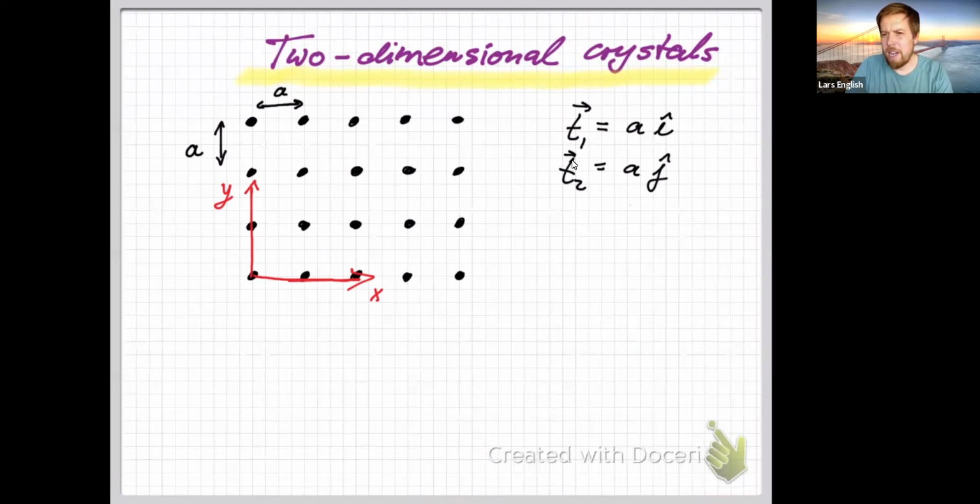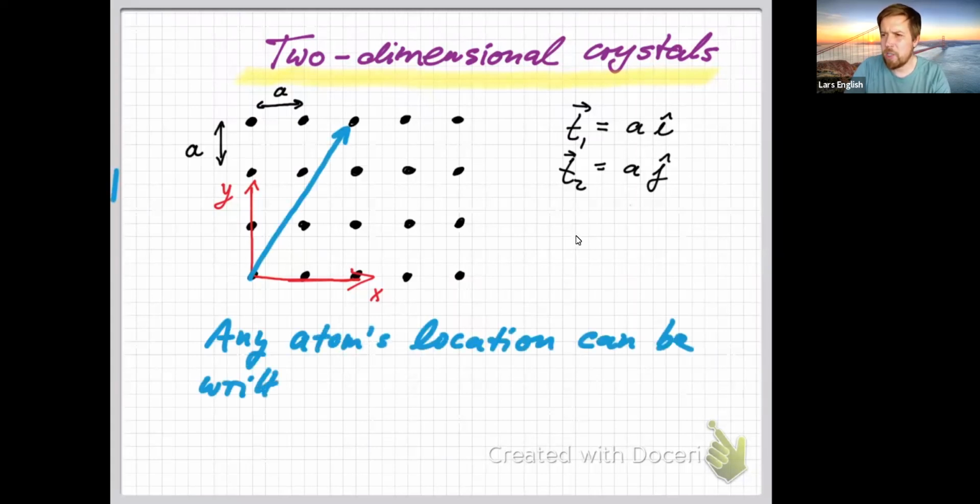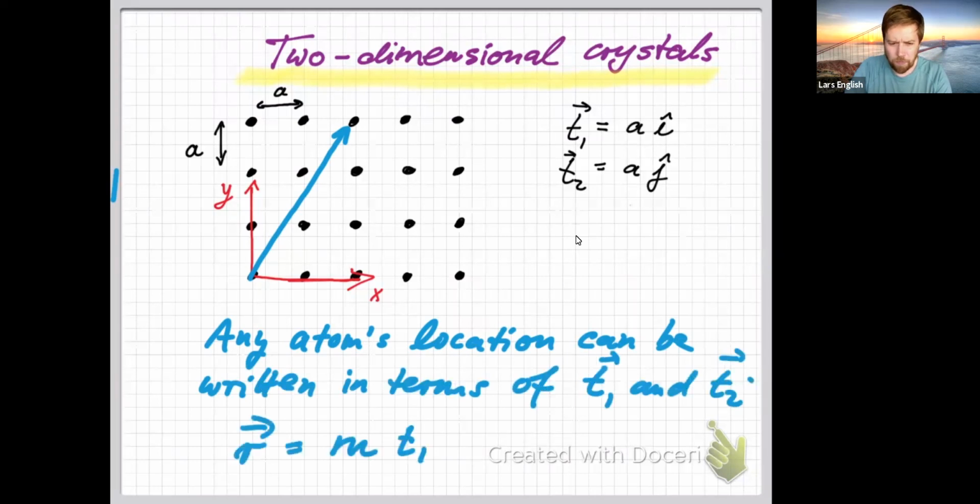I can then introduce these basis vectors that generate this lattice, T1 and T2, our book calls them. Basically, those are generating the lattice because every lattice location, every atomic location can be written as a superposition of those two basis vectors.